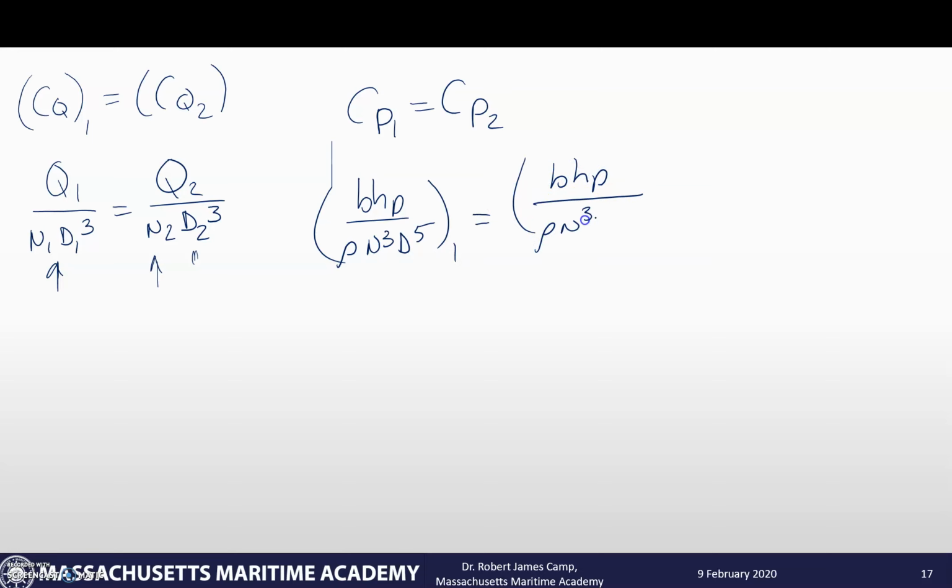So if you're using the same pump, so it's similar to itself, and you're trying to figure out what the change is if you change the fluid, well, you can change the density between the two of them and calculate how much the brake horsepower is going to have to change if you keep the impeller speed the same. Or it could be, what do we have to change the impeller speed to make the brake horsepower work out to be the same? And then you can flow that back into your other ones.